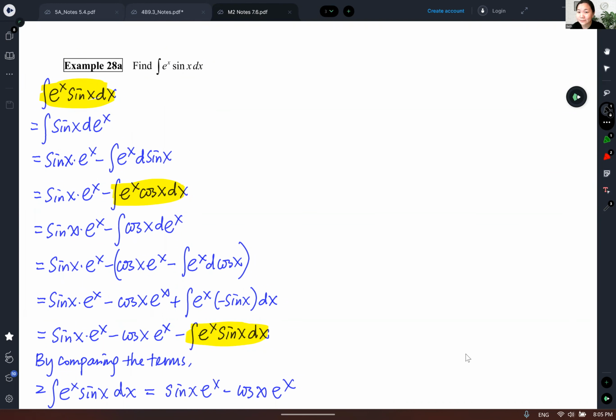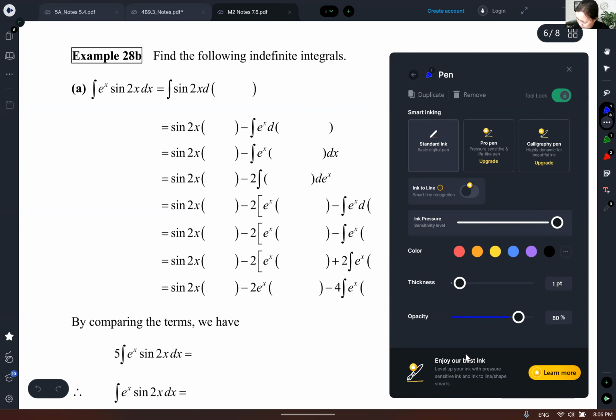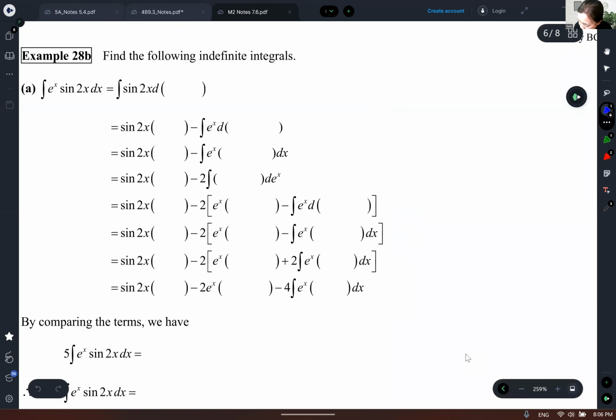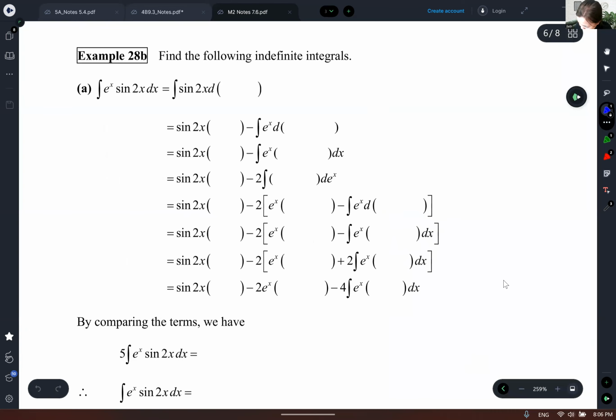So first, e^x dx is d(e^x). Okay, so here we have d(e^x), and that is uv minus the integral of v du.